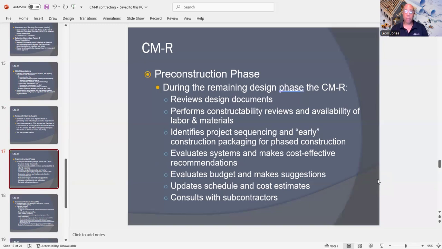Now, during the pre-construction phase, which is during the remaining of the design phase, the CMAR is going to review the design documents. They're going to perform constructability reviews and availability of labor, materials, and equipment.